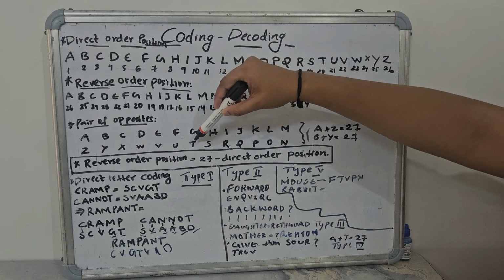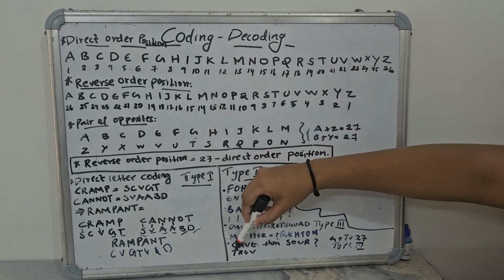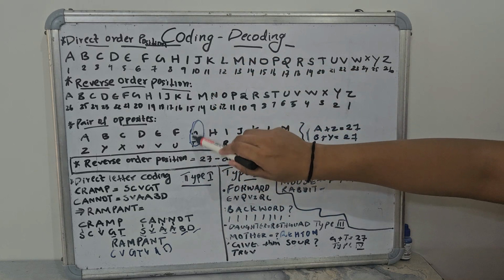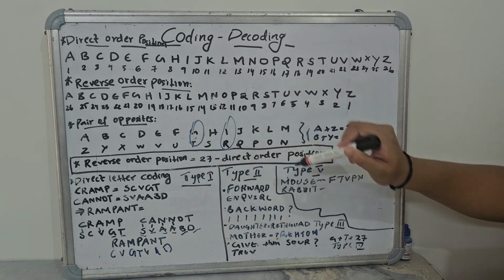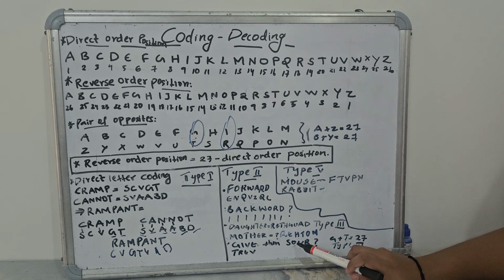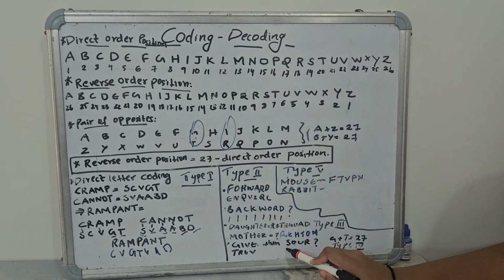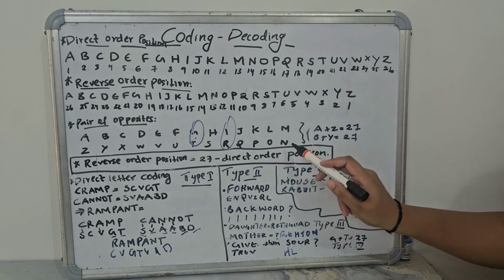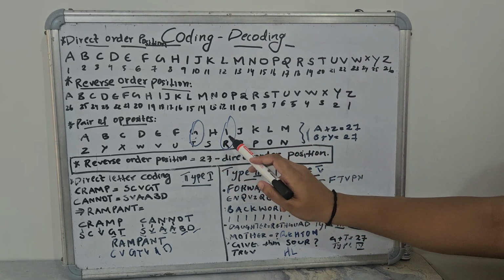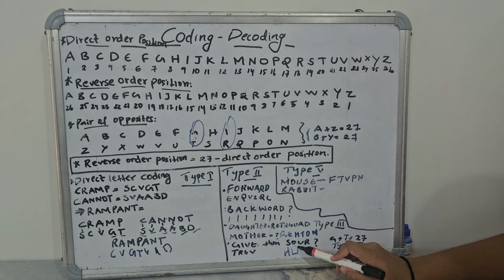G corresponds to T, and when you add these you get 27. I corresponds to R, and when you add them you get 27. The given word is SOUR. S corresponds to H, O corresponds to L, U corresponds to F, R corresponds to I. H, L, F, I is the code.